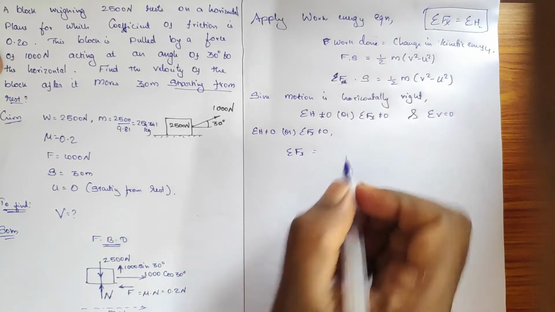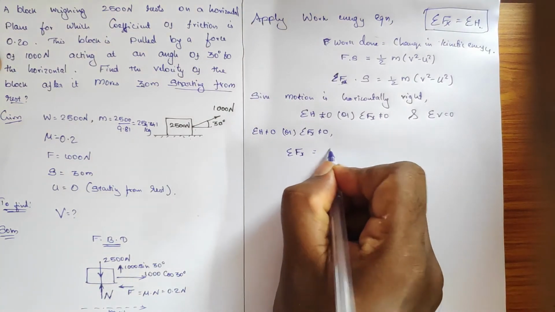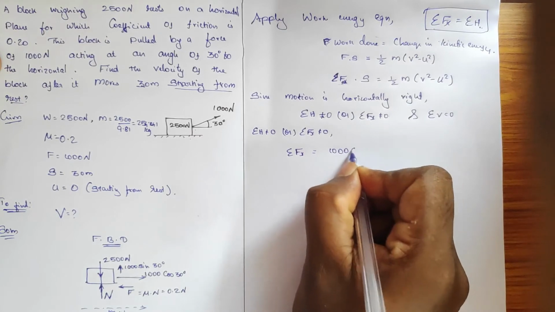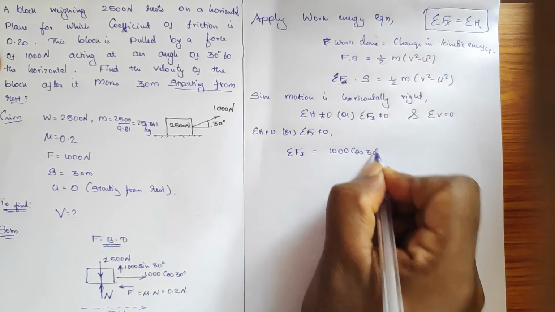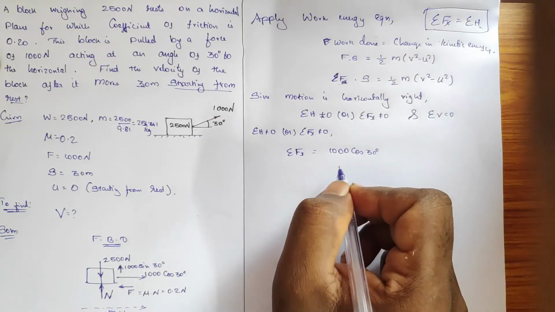If I apply here, the horizontal forces are 1000 cos 30 degree and the friction force. Only two forces are acting. So here 1000 cos 30 degree is directed towards the right side.